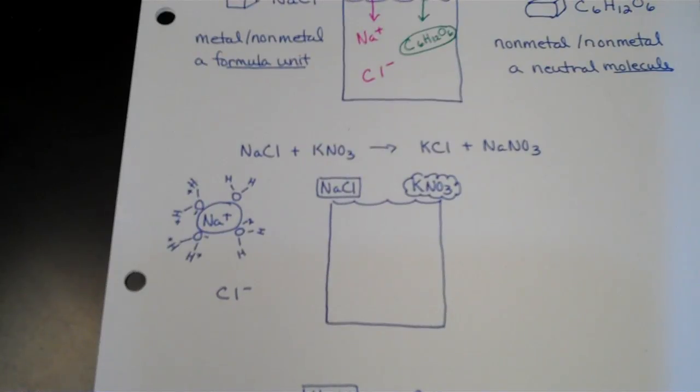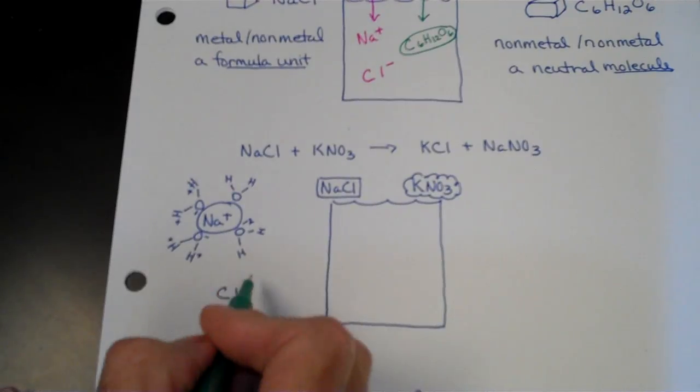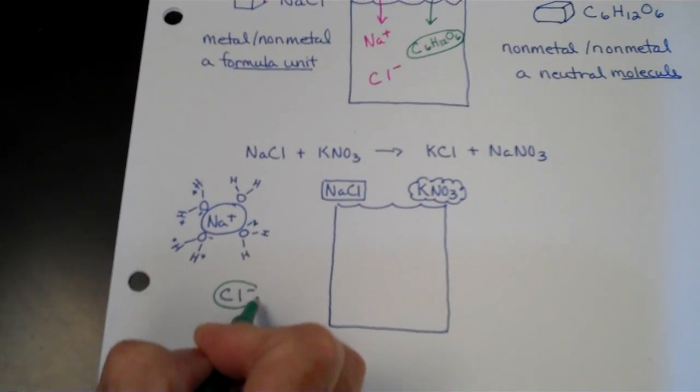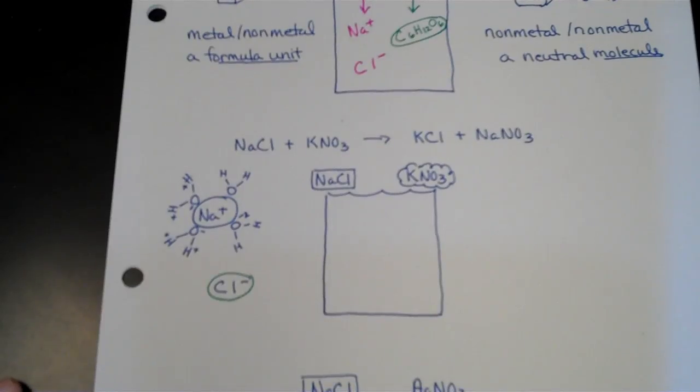The water molecules encapsulate the sodium ions and prevent them from coming near and associating closely with the chloride ions. In a similar fashion, those chloride ions, they too have the water molecules surrounding them, but the way the water molecules line up around the chloride ions is different.